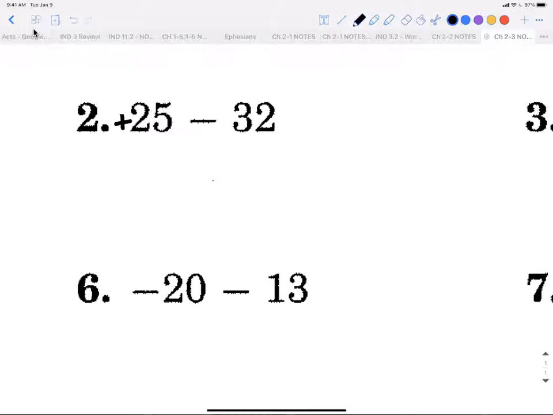You have a +25 and a -32. You can take the 25 from the 32, which would be 7. Then between 25 and 32, if you're thinking of just the absolute value of those two numbers, 32 is the bigger number. 32 is negative, so your answer would be negative.